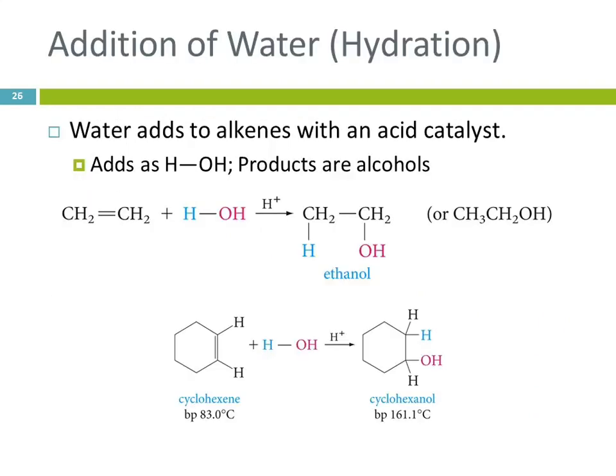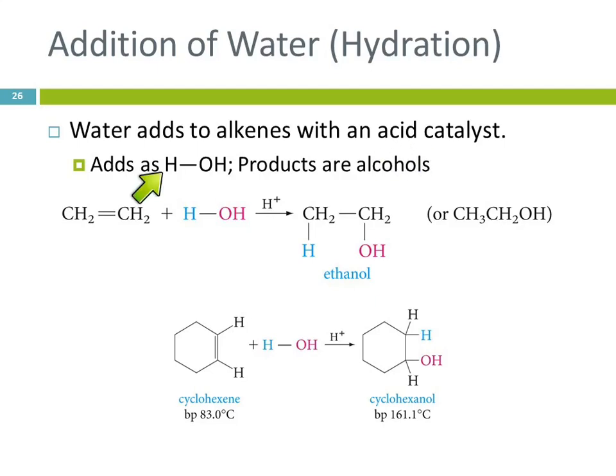I would have called that previous reaction a bromination, a chlorination. Addition of water is called hydration. So we're adding water. This isn't adding hydrogen, that's hydrogenation. This is adding water. So water can add to alkenes, but it does require an acid catalyst.